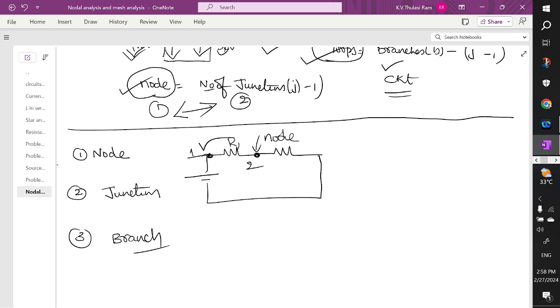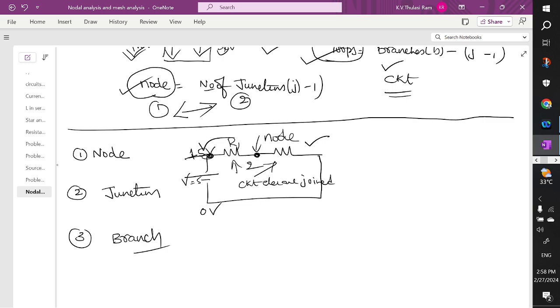Here we have to consider what voltage is available. For example, the voltage at this point is 5 volts and the voltage at this point is 0 volts, and this will act as a node. So a node is a point at which two circuit elements are joined. If two resistors or two circuit elements are joined, then this is called a node.